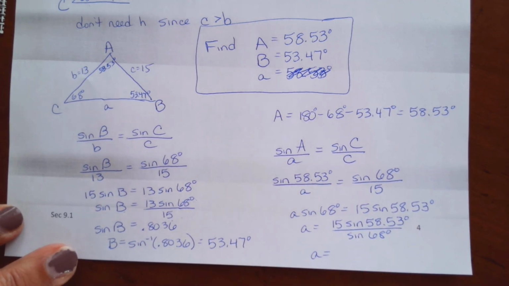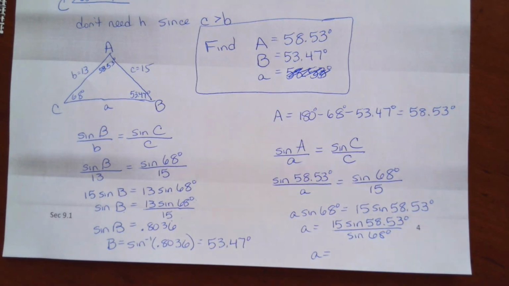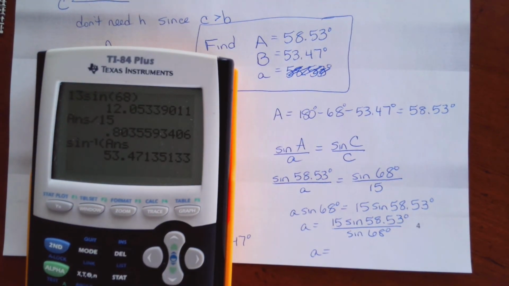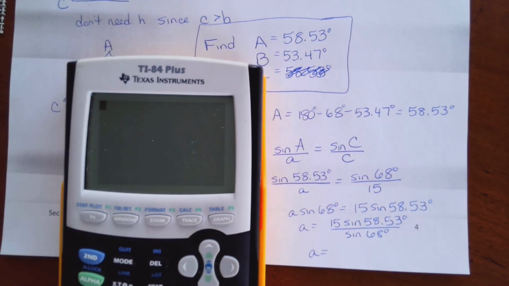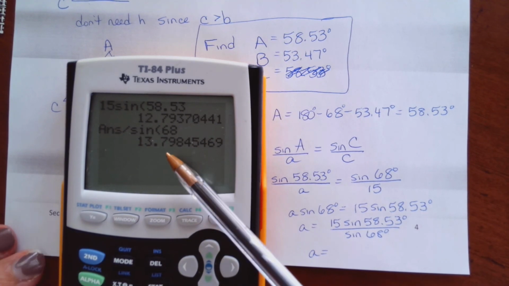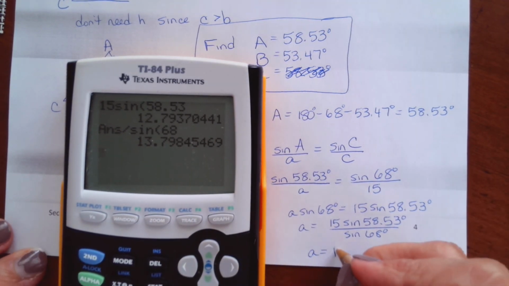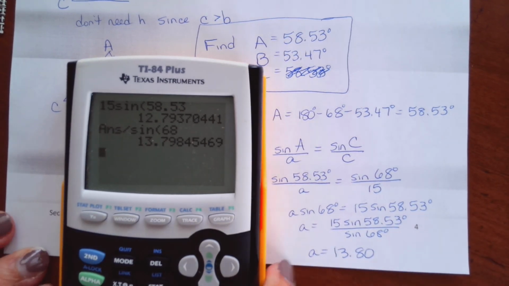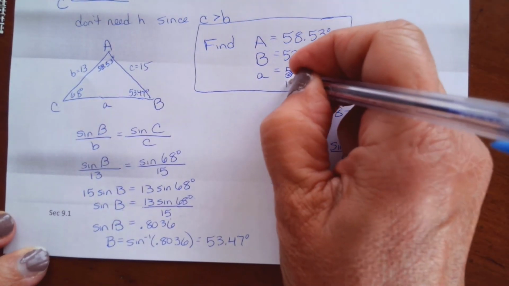Get that, divide it by the sine of 68. So we get A to be 13.798. So if we're rounding to the nearest hundredth, that would be 13.80. So there's side A, 13.80.